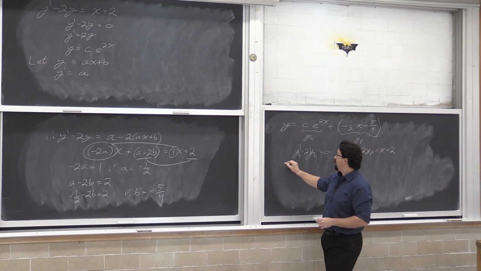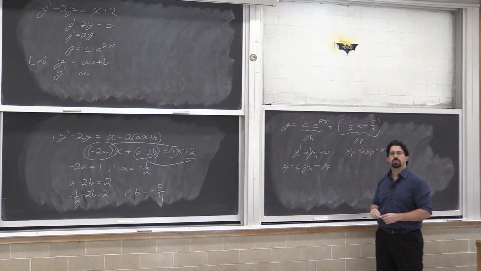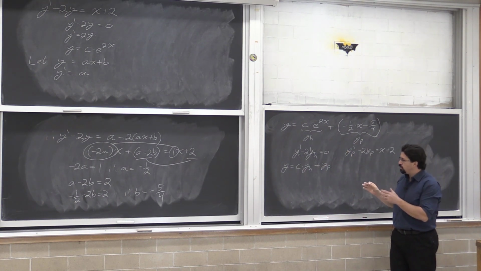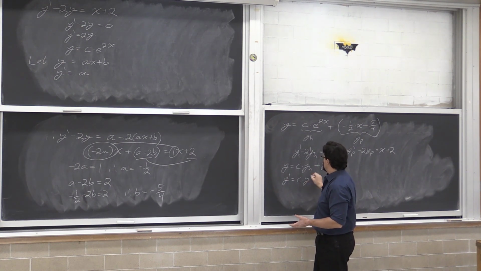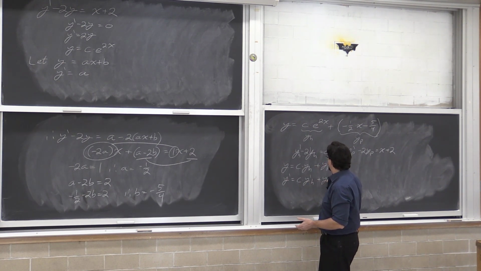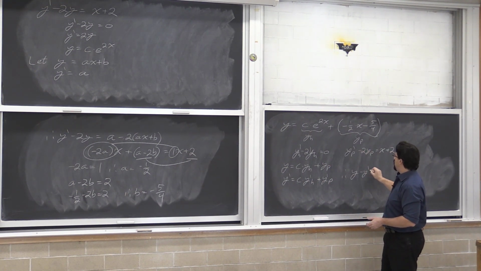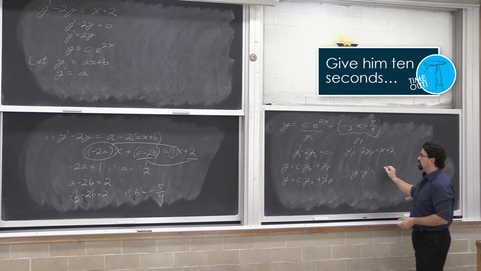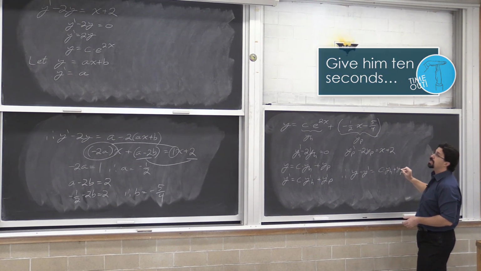And so if I let y be equal to any constant times yh plus yp, then when I try to work with this, y prime is pretty straightforward, and y is going to be equal to c times yh plus yp.